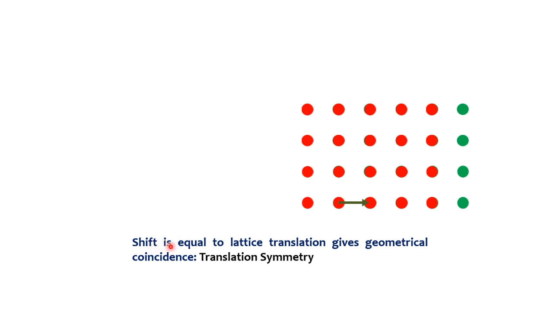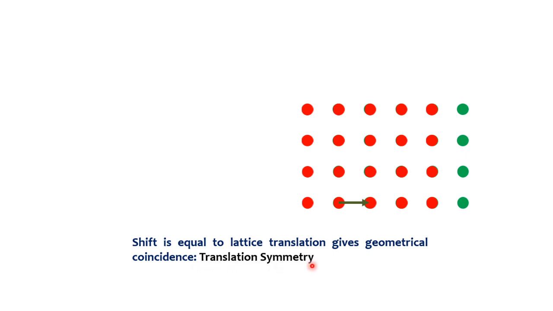All the lattice points of the red lattice occupy the exact positions of the green lattice points when the shift is equal to the green vector. Thus, this shift, that is, the shift by a lattice translation vector, is a symmetry operation of this given lattice, and we call it translation symmetry.